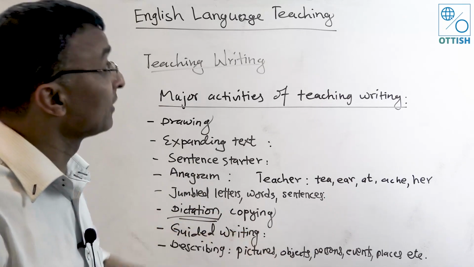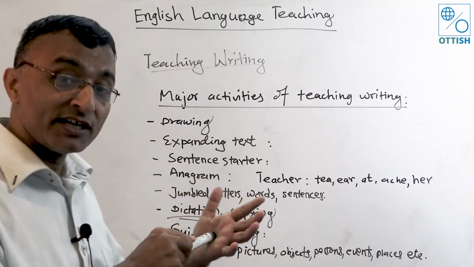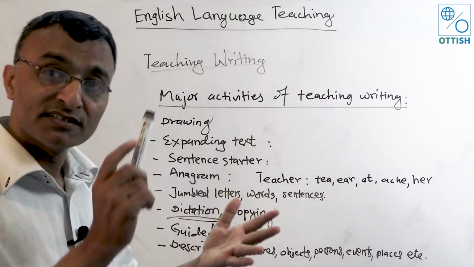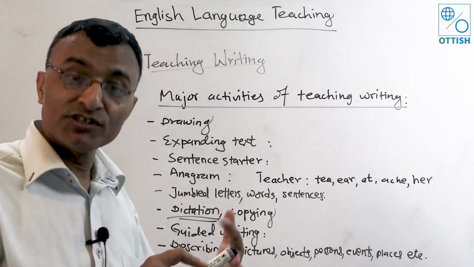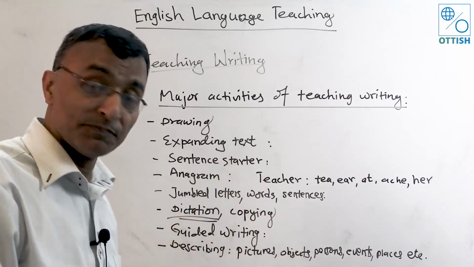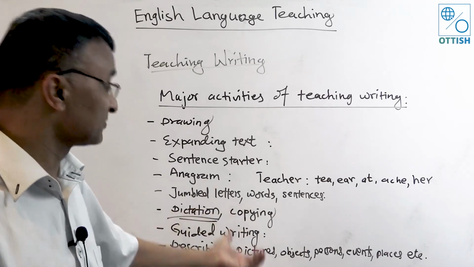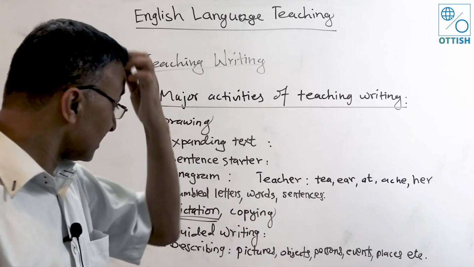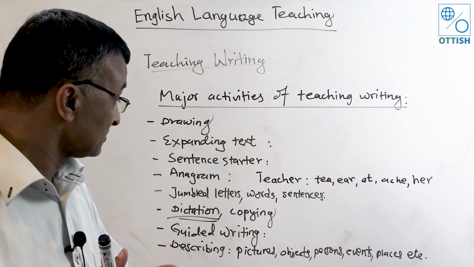For example, if a picture of a plant is given, the place where it is found, the parts, the use, the importance may be hints. By giving such hints, the students are asked to describe pictures, objects, persons, and sometimes by giving certain adjectives.